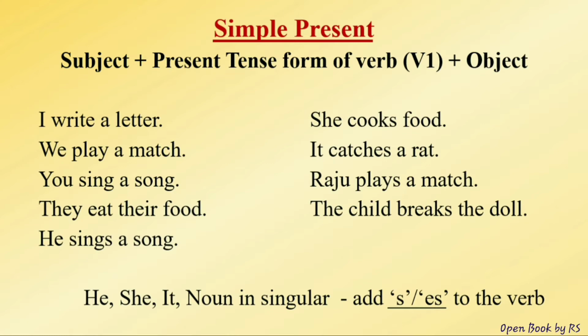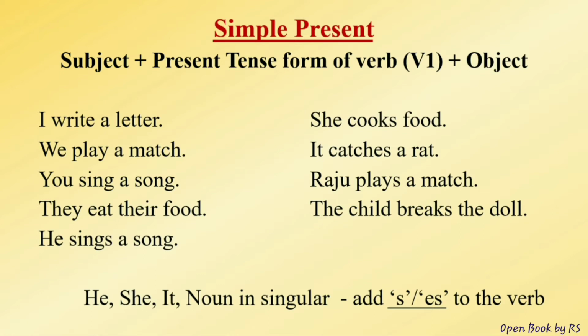So whenever we use he, she, it, or a noun in singular as the subject, we should add s or es in this particular tense. This is the affirmative form of the simple present. Once again the structure: subject plus present tense form of verb plus object. So like this we should use.